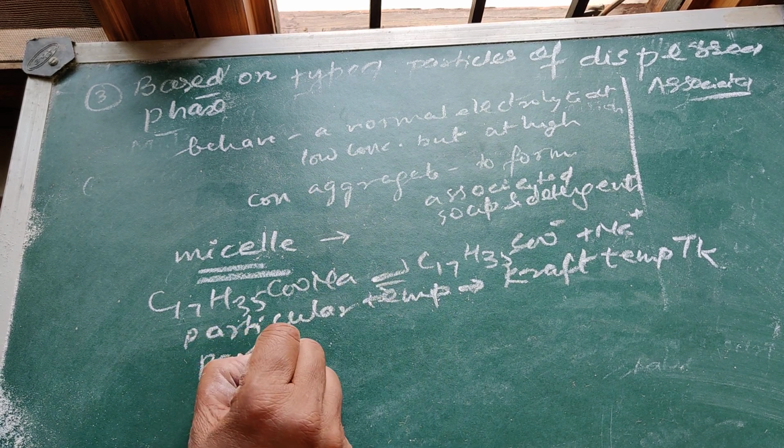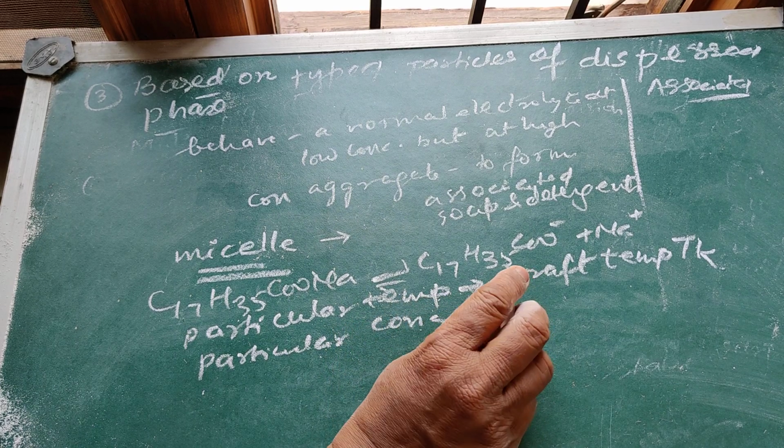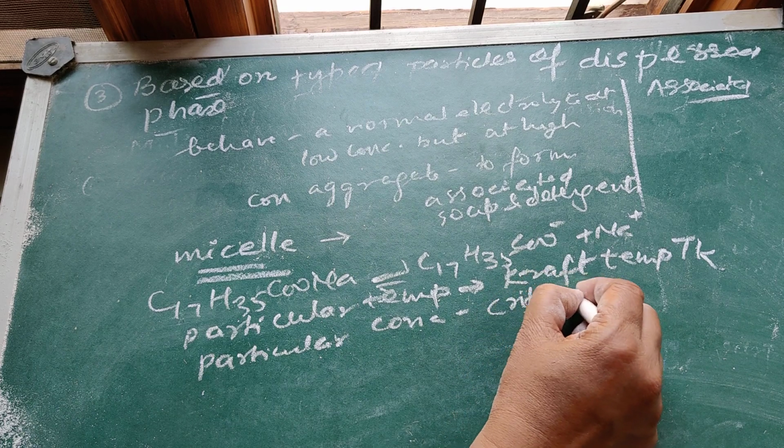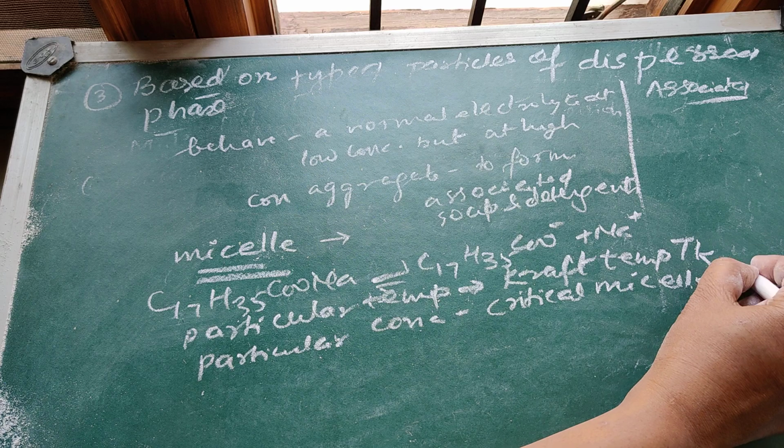The particular concentration at which micelle formation takes place is known as the critical micelle concentration, CMC in short.